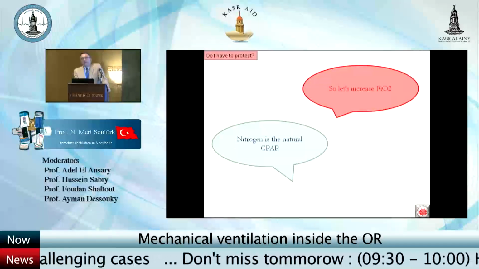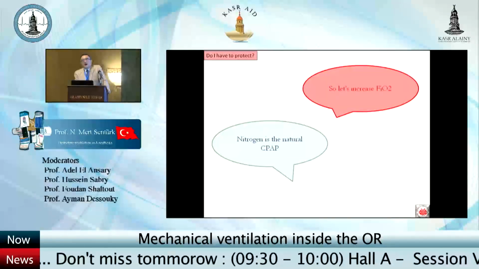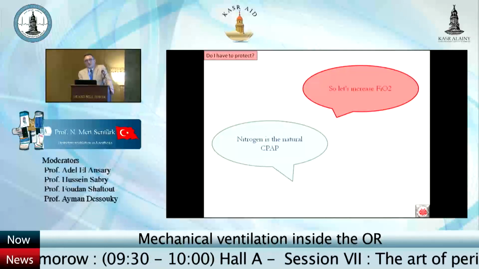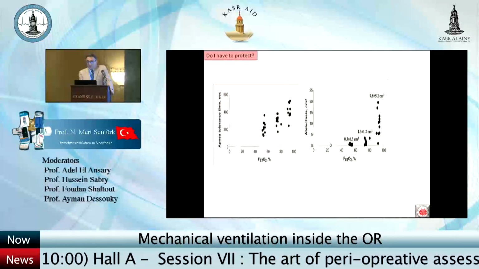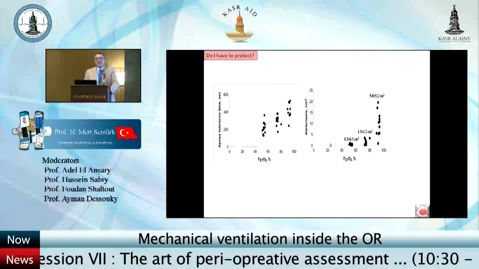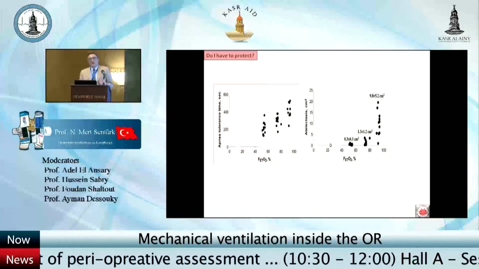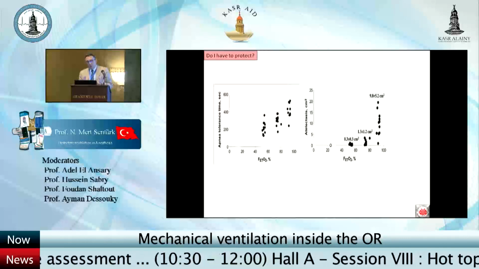So what do I do? The guideline of the dinosaurs was to increase the FiO2. But this is also not a good idea, because nitrogen keeps the alveoli open.